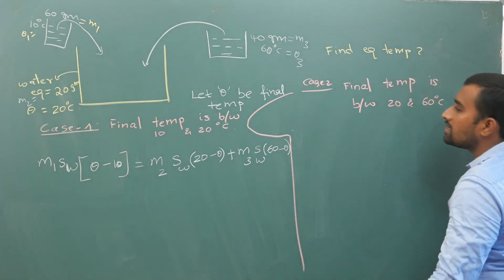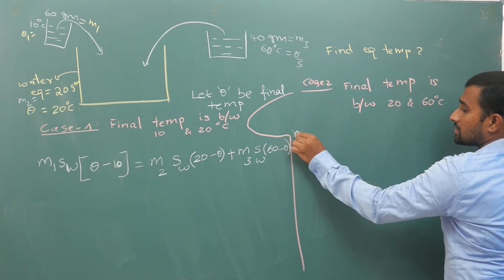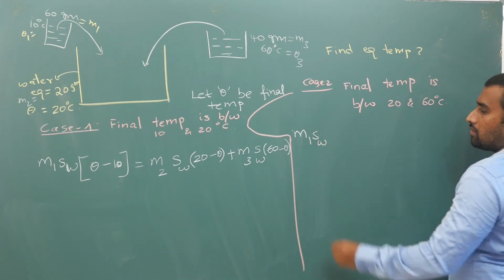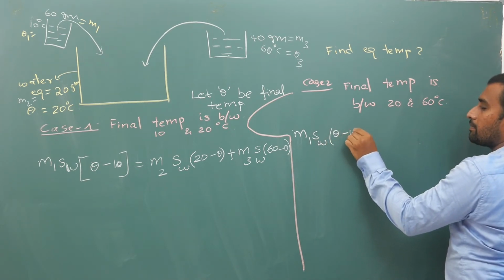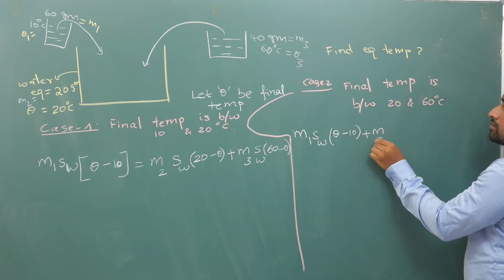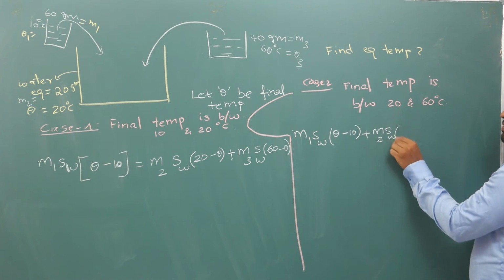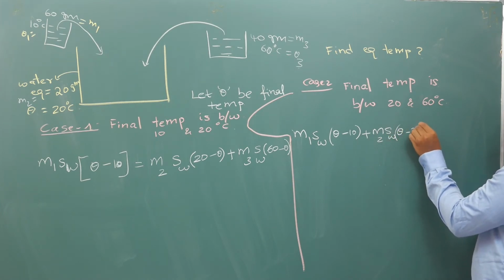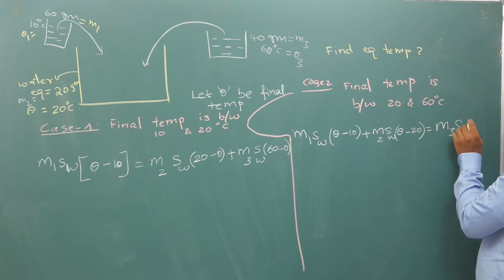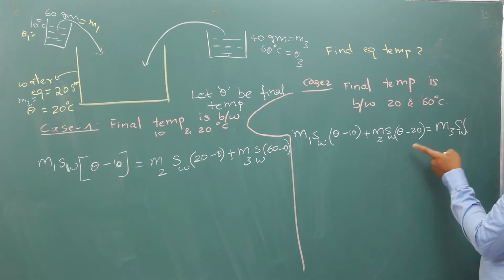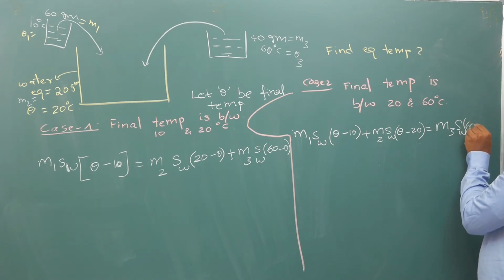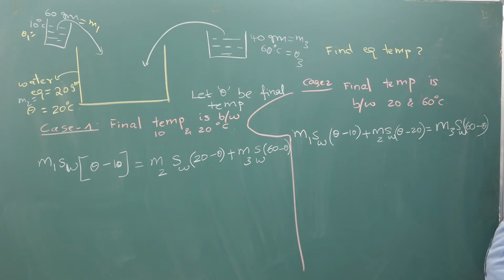So in this case it is m1 into specific heat of water into theta minus 10 plus m2 into specific heat of water into theta minus 20 is equal to m3 into specific heat of water into 60 minus theta here, since the space is not sufficient.